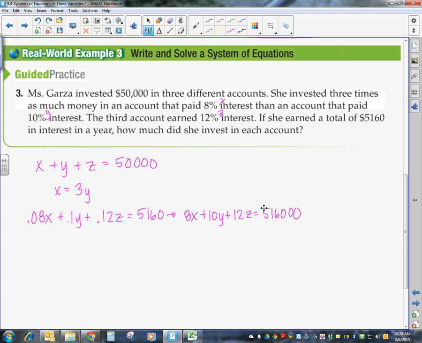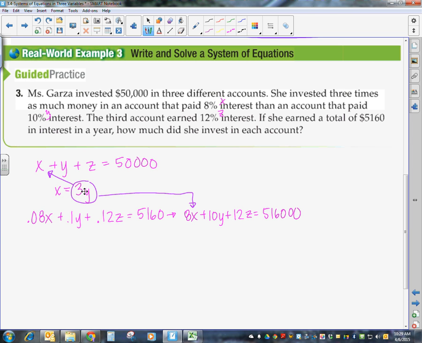Okay, so now we have our three equations and our three unknowns, and we're going to solve. And this is kind of a good example for substitution. So what I'm going to do is take that 3y and put it in here for x, and put it in there for x.